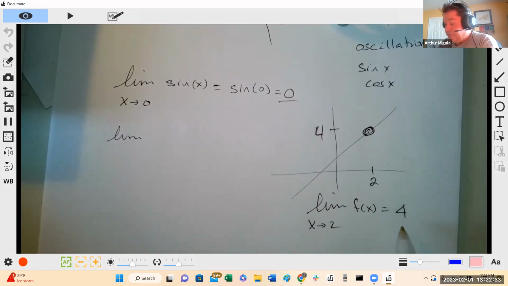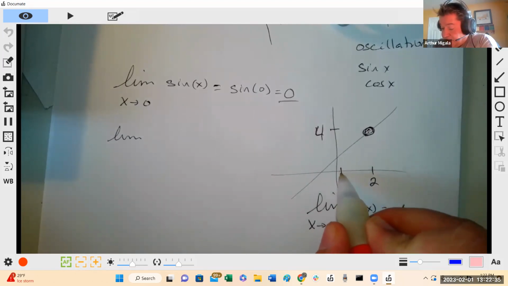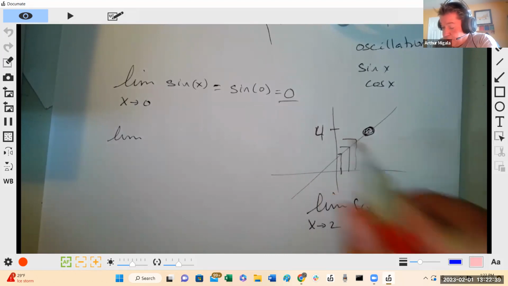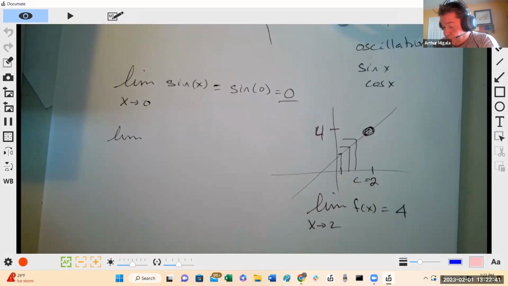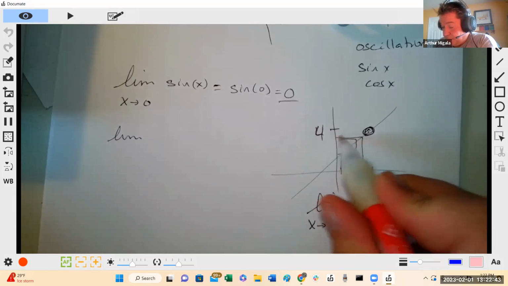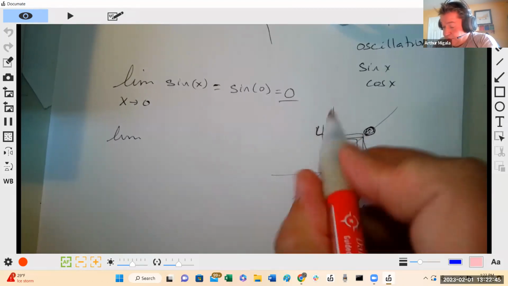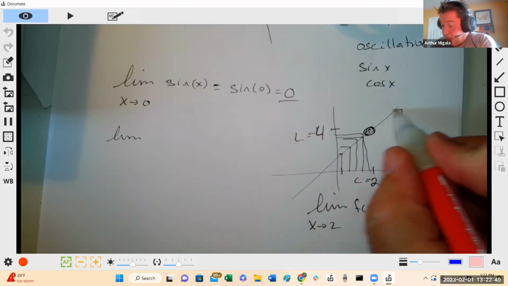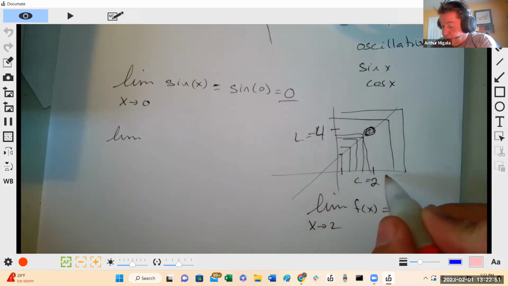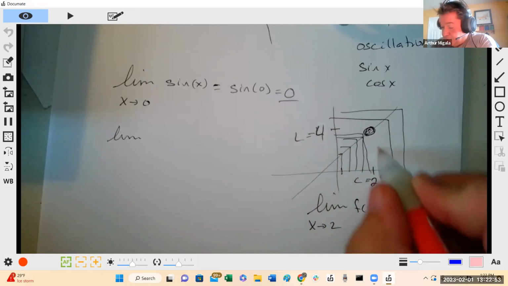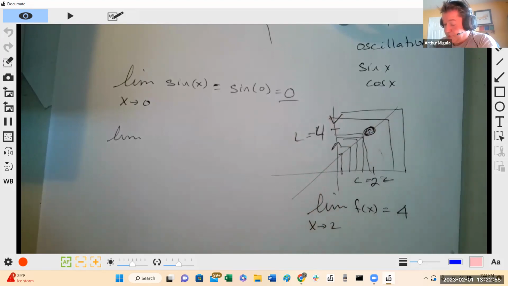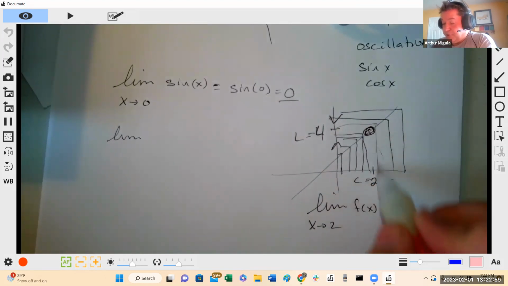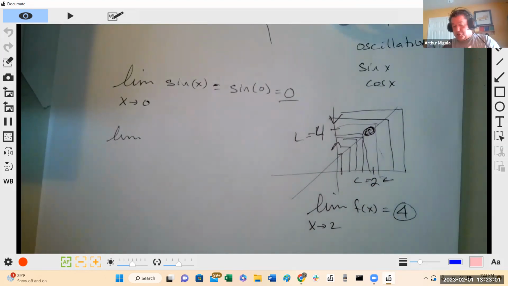The reason it's going to be 4 is because as we get closer to our C value, our Y values get closer to our limit. So as we get closer to this one, they get closer here. So it doesn't have to exist. It just has to appear to exist, approaching it.